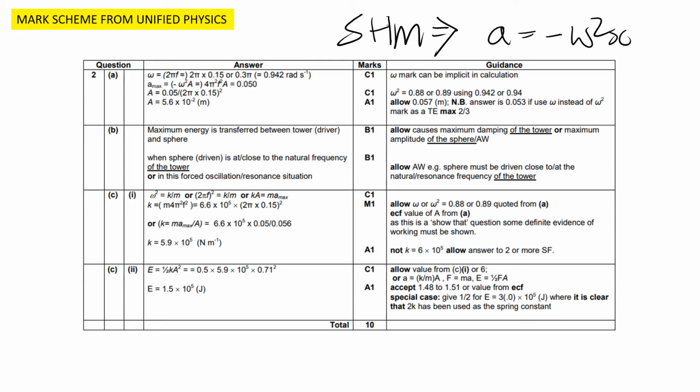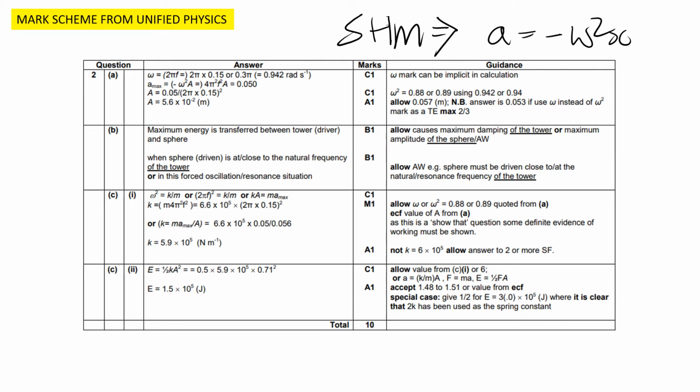So remember, if you were to force a system to its natural frequency, then it will resonate. And this is when maximum energy is transferred, because then there's maximum amplitude.